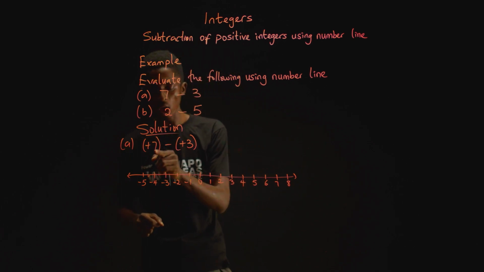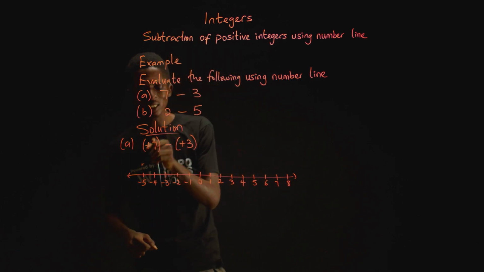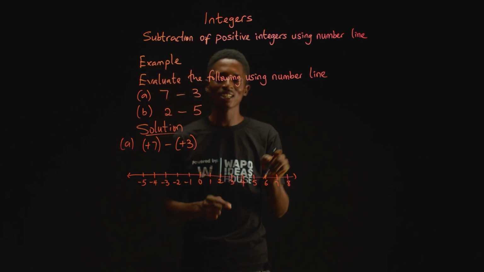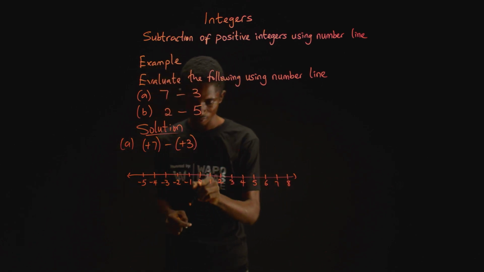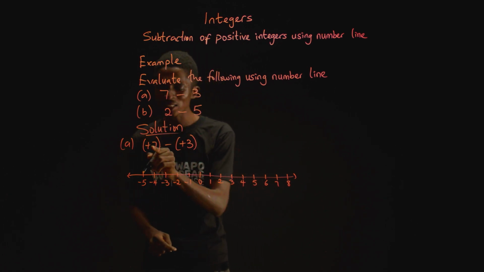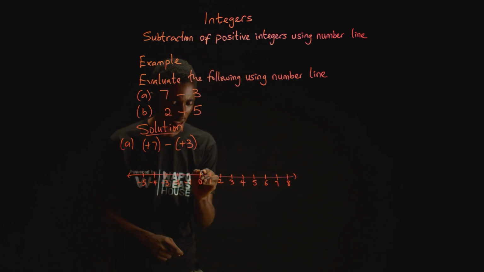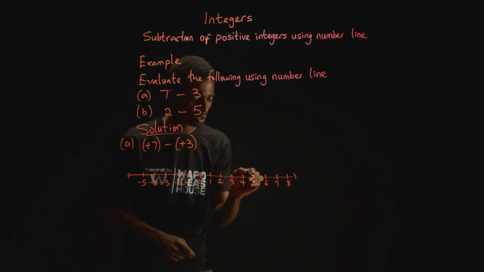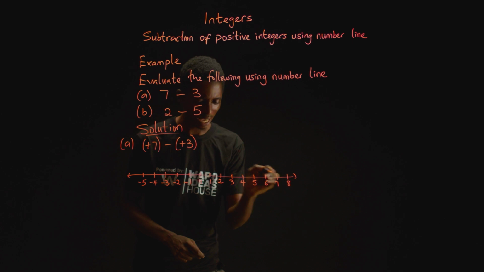We have plus 7. Because it is a positive integer, we are going to move to the right of 0. This is 0. Moving 7 steps to the right, we get 1, 2, 3, 4, 5, 6, 7.